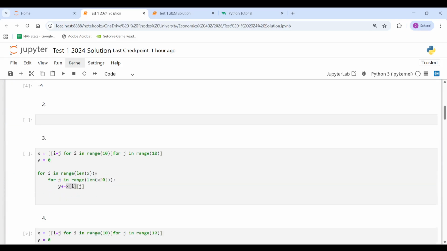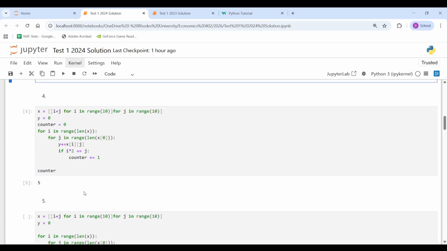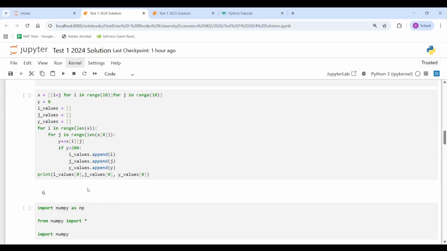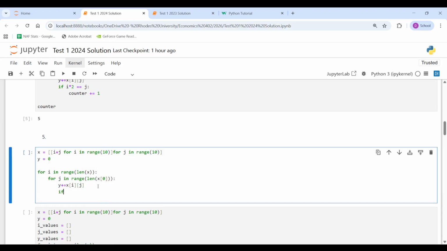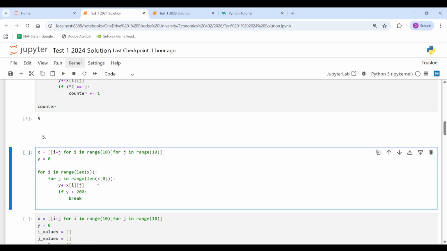How would you code that? Just break, okay? No, that's fine. So you're saying if y is greater than 200, then break. Are you happy with that? Okay.